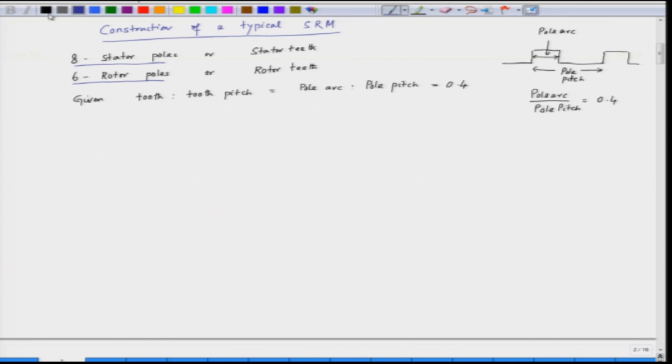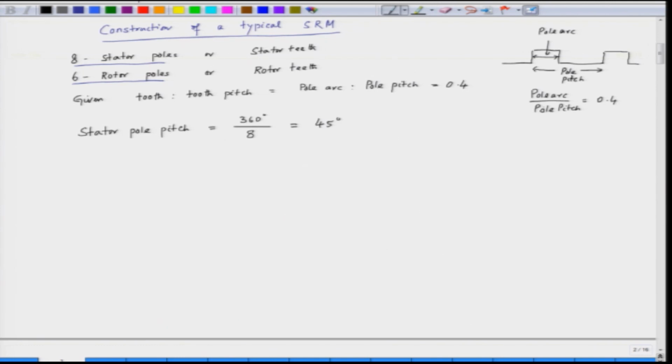So, we can find out the stator pole pitch. Because we have 360 degrees as the total circle, divided by 8 since we have 8 stator poles, per pole we have 45 degrees.